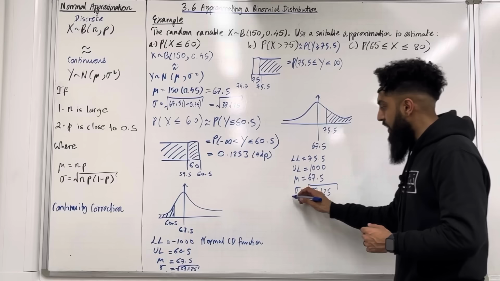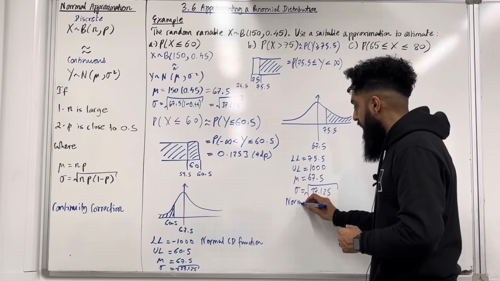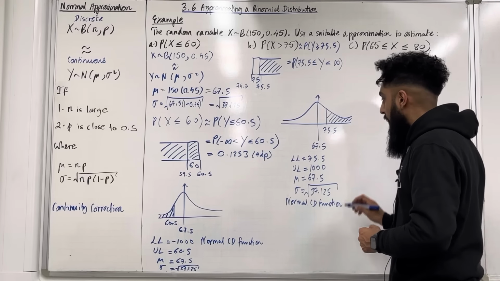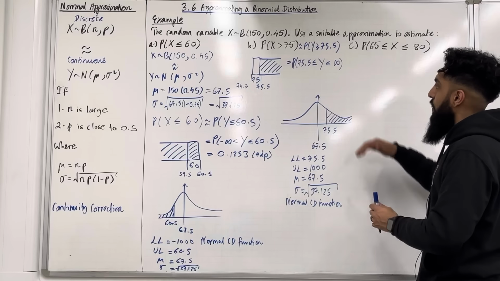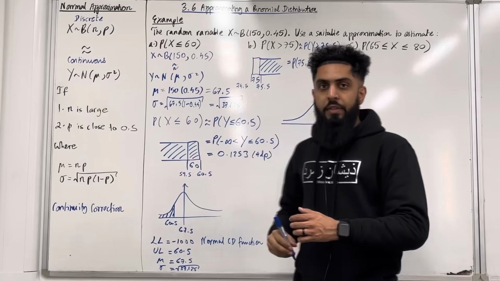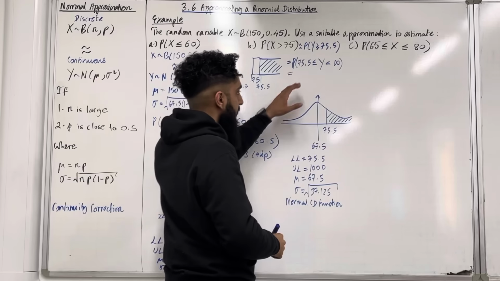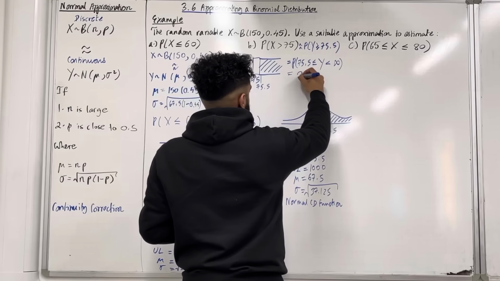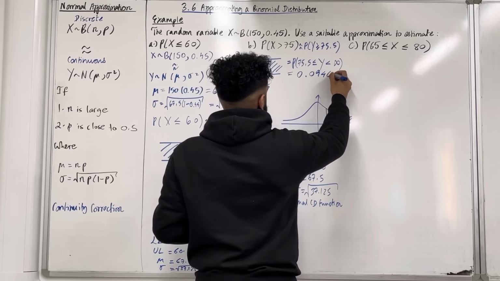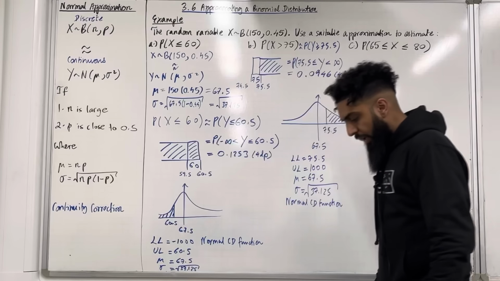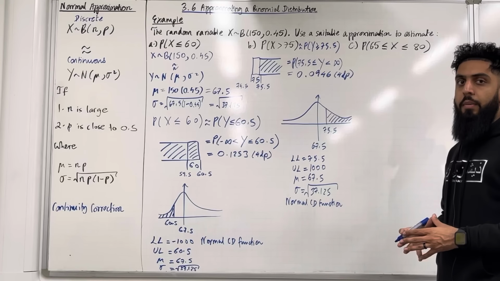So now I'm going to use the normal CD function on my ClassWiz calculator in order to work out this probability. If I use the normal CD function with these values, I get that this probability is equal to 0.0946 to 4 decimal places. Okay, so that is the end of part B.